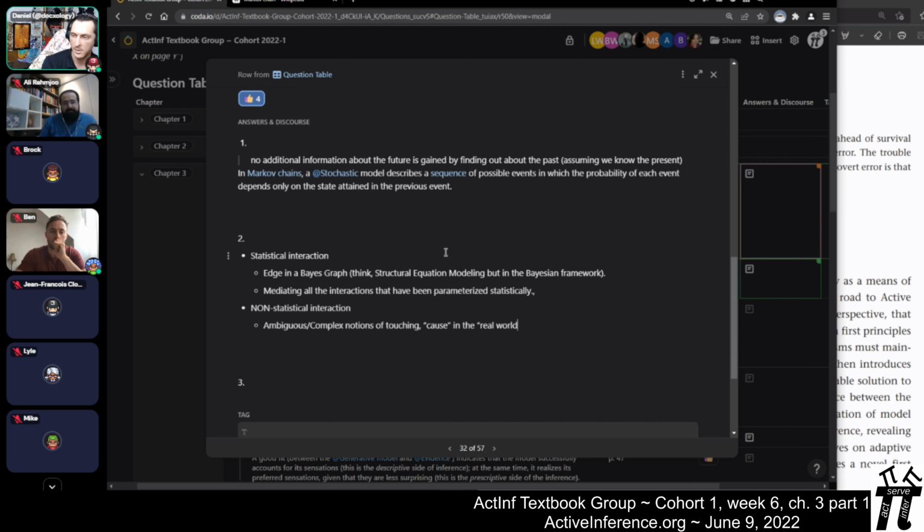All right. Anyone else can raise their hand, but here are a few thoughts on that. A statistical interaction is the edge in a causal Bayes graph. People might be more familiar with structural equation modeling, where nodes are variables and edges are the correlation between or among variables, conditioning on the structure of the graph. In the causal Bayes graph, the nodes are variables and the edges are statistical causal influences.